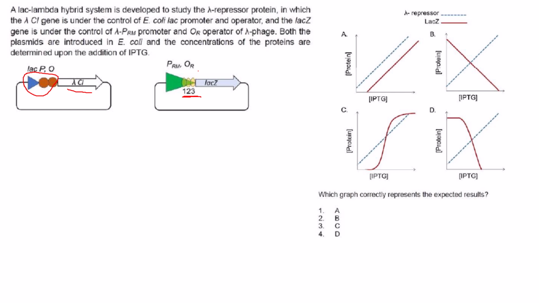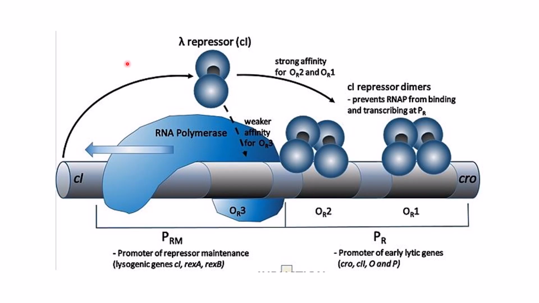Okay, now before coming to that question, I will tell you one thing. Now you all know the lambda repressor, that is CI, it exhibits both positive and negative feedback regulation of its own gene. Now what is this positive feedback regulation of the lambda repressor?